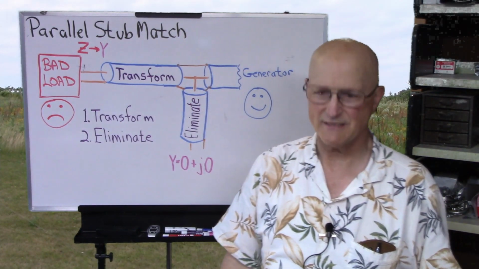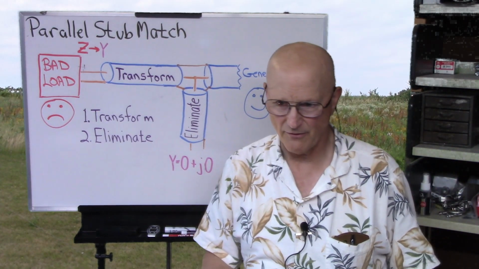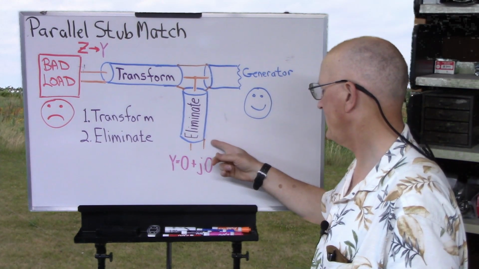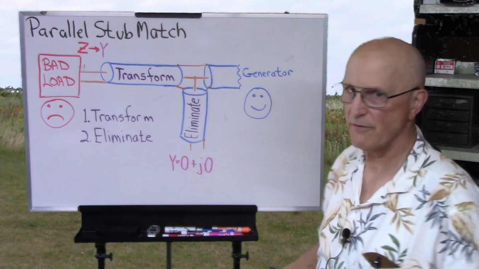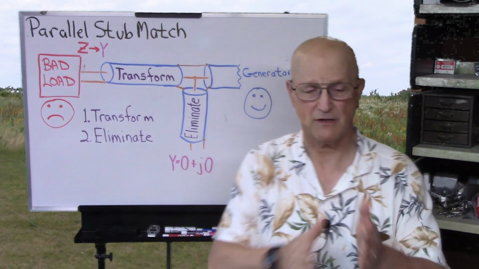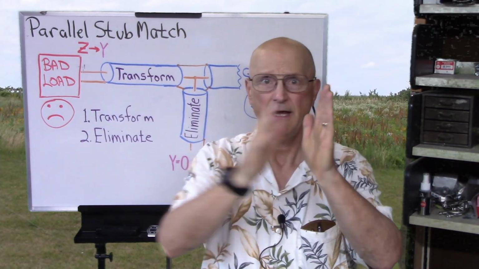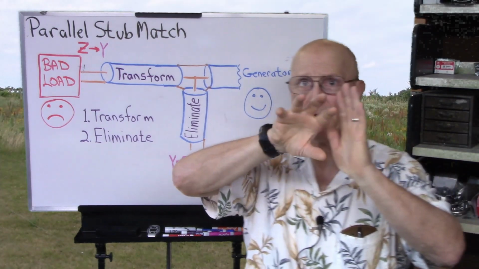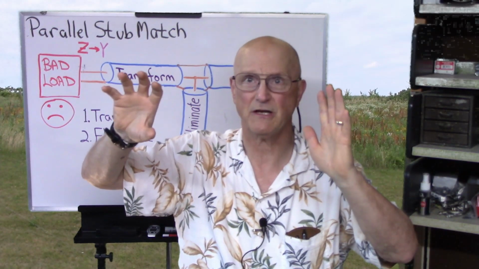Well, how does this stub do this? Well, in the case that we're talking about here, we're going to be using an open stub, and the admittance is 0 plus J0. Now, just like any transmission line, you have an open end over here, and you're moving along the transmission line, and the makeup of that admittance is going to be changing along that transmission line.